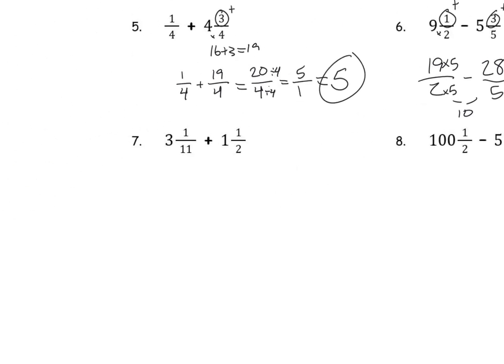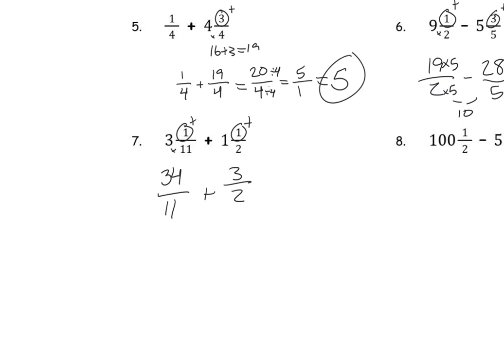All right, number 7 looks like this. 3 and 1/11 plus 1 and 1/2. 11 times 3 is 33 plus 1 is 34. On the other side, 2 times 1 is 2 plus 1 is 3 halves.